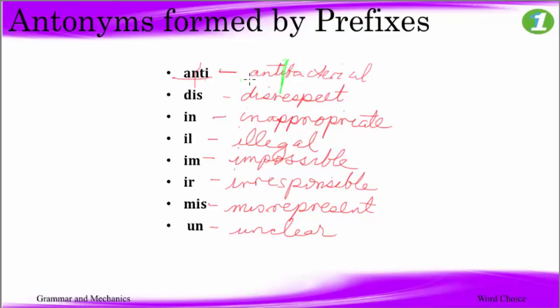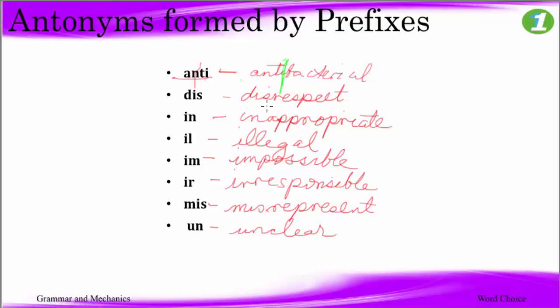Anti, against. So it's the opposite. If something was bacterial, it would mean that it has potential to have bacteria or it has bacteria. But when you add anti to it, it is no longer so. So it becomes antibacterial. It fights bacteria. So we often use antibacterial soaps, for example.